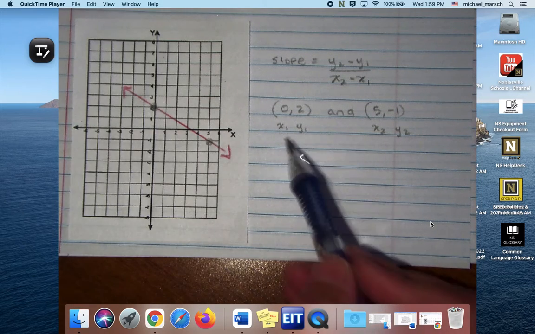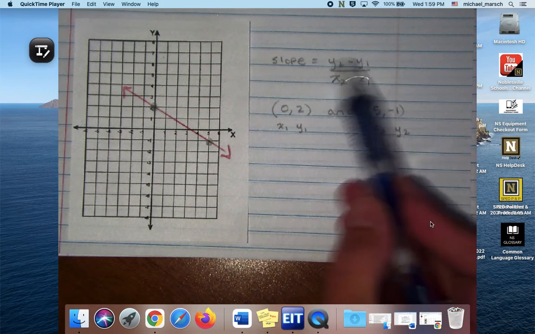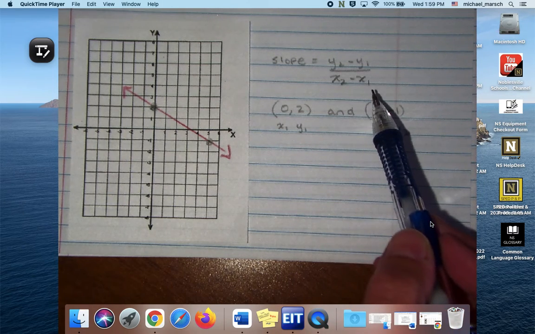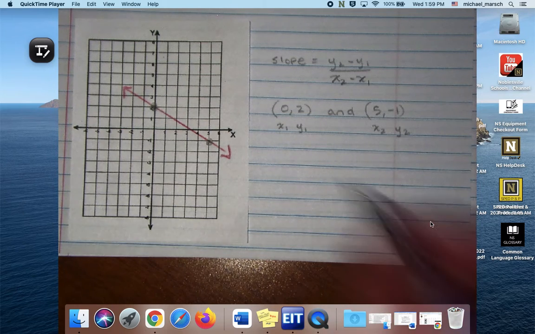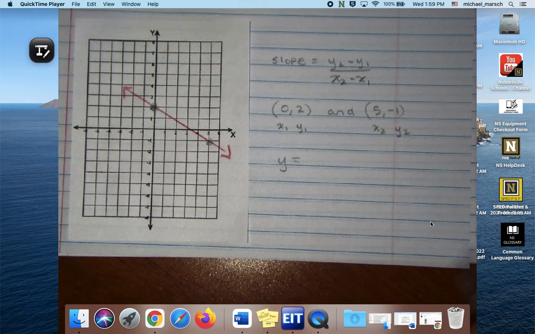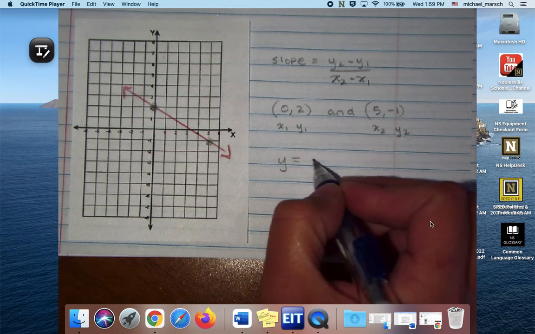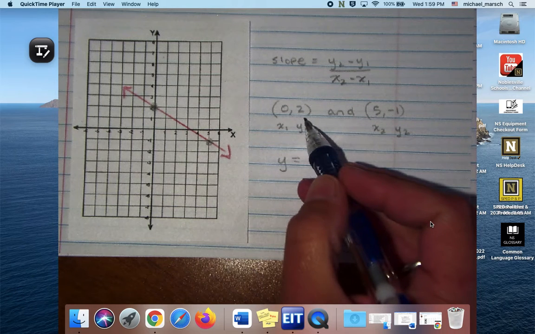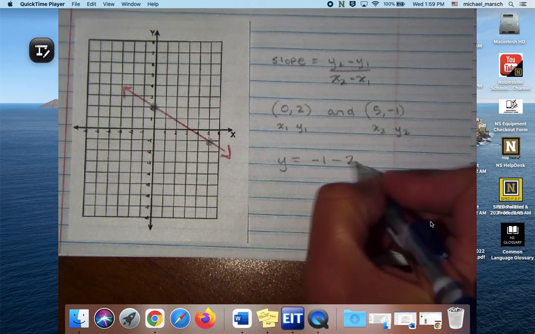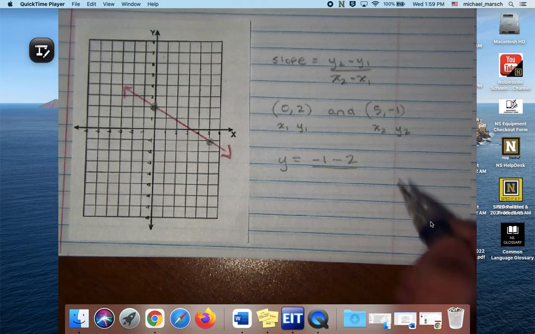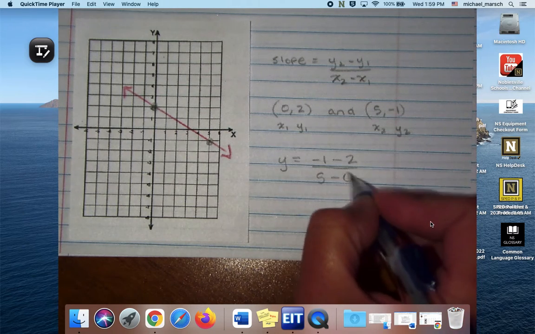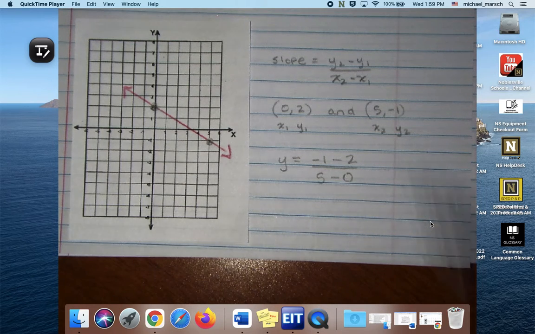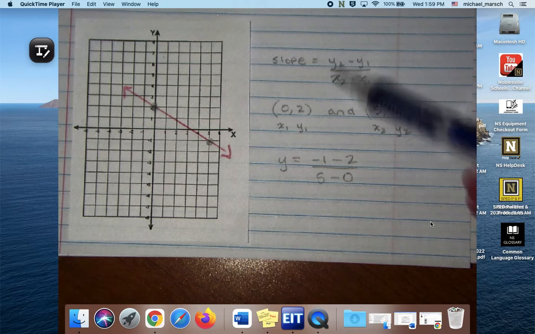Now I take these numbers and put them into this formula, and I subtract them, the y2 minus y1, the x2 minus x1, and I get my slope. So y2 is negative 1, y1 is 2, x2 is 5, x1 is 0. So I label them x1, y1, x2, y2, and then I put them into this formula.